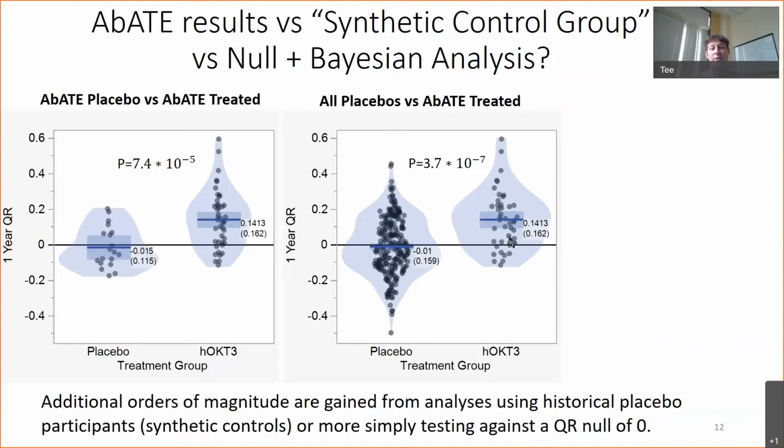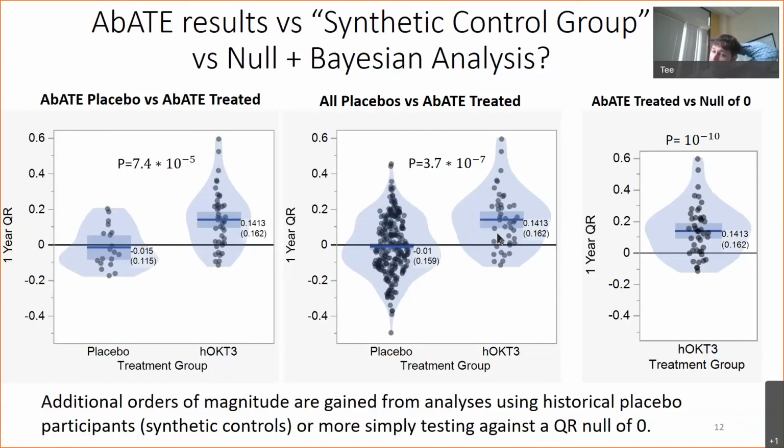And you can also think of not using a synthetic control group at all, but just comparing against a historical null value of 0, which we have a pretty high level of certainty is the expectation of C-peptide decline 1 year after diagnosis. So in that sense, you get another couple orders of magnitude by just doing a 1 sample test comparing against a historical null of 0.